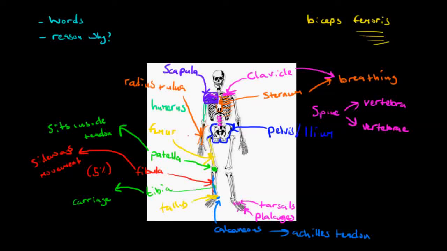Last couple. We also have in this area here the joint of the cranium, which of course is your head, and the upper vertebra. And this is referred to as your atlas and axis joint, which I've talked about in previous videos, and allows you to pivot or rotate your neck.